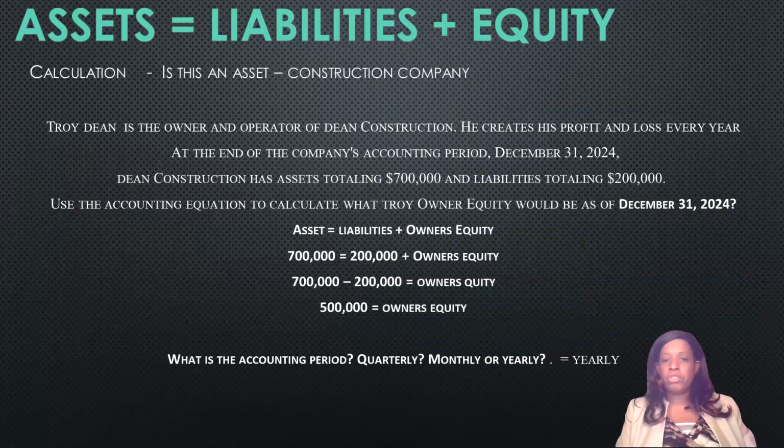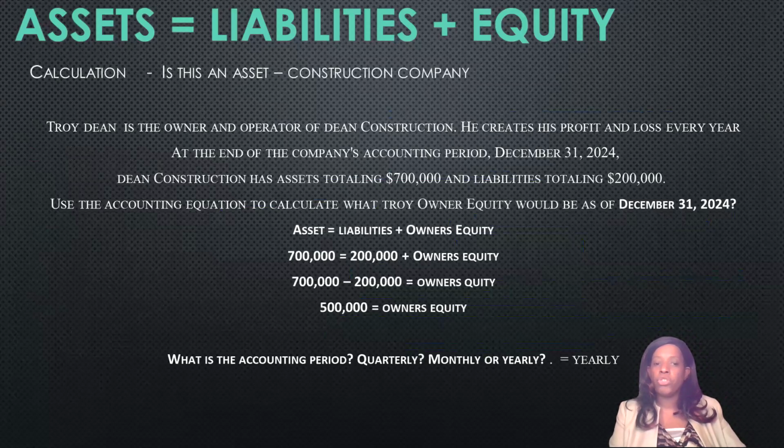When you put it into the formula, some of us can clearly see the answer is going to be 500,000. But if you need the additional step, you're just going to take the 700,000 minus the 200,000, and then you get the owner's equity of 500,000. Everyone understands? Calculation. What is the accounting period? Quarterly, monthly, or yearly? When you read the scenario, it says every year. So that would be yearly.